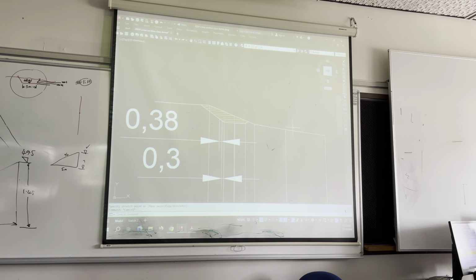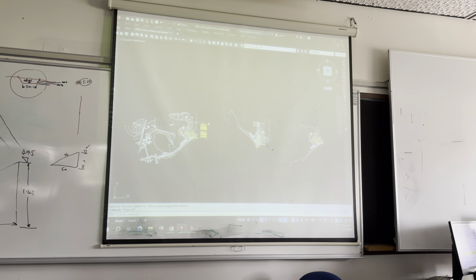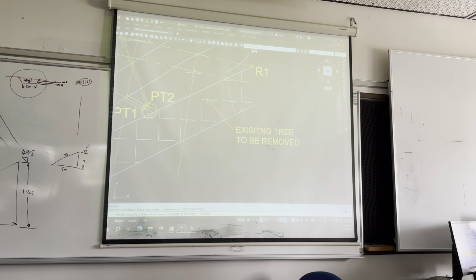So how does that affect our plan view? Well, on our plan view, we have to come off from this line here. So we go offset 0.38. Sorry, first one's 0.3.